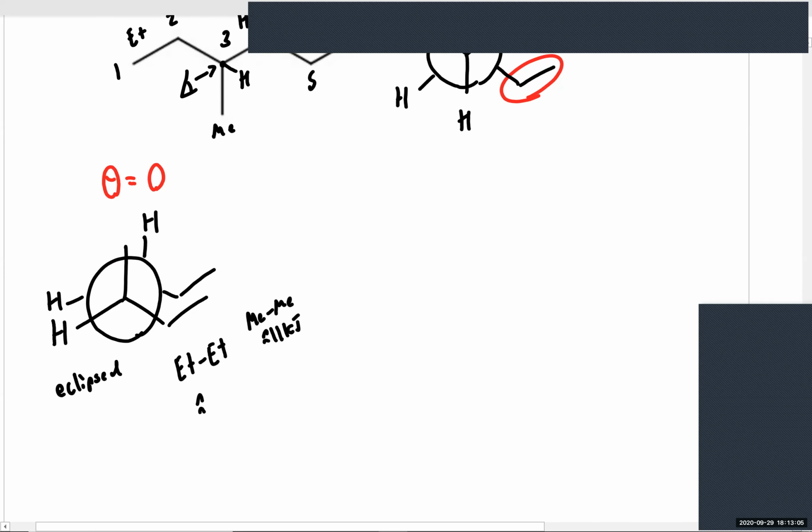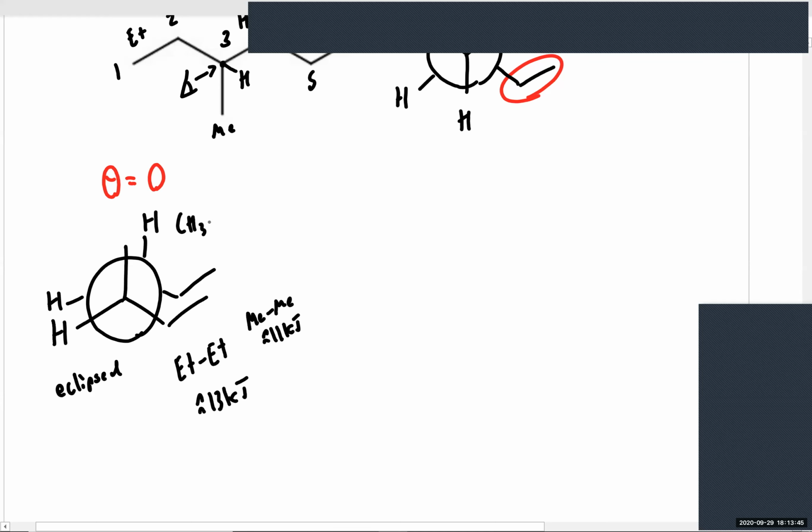Ethyl groups are a little bit more bulky, so it should be somewhere around 11, but a little bit more. Yeah, probably around 13 kilojoules. That's a reasonable ballpark.